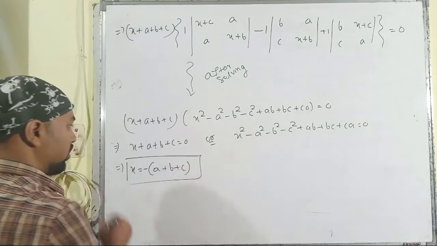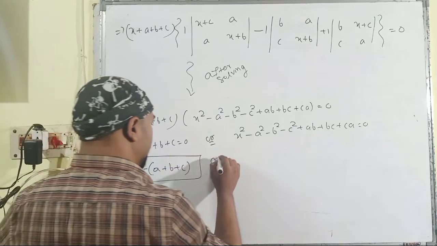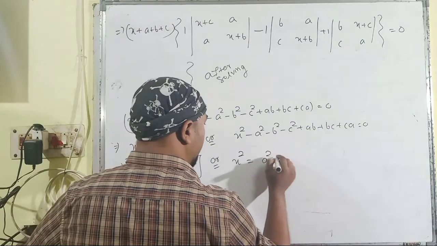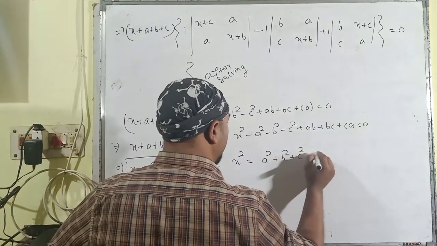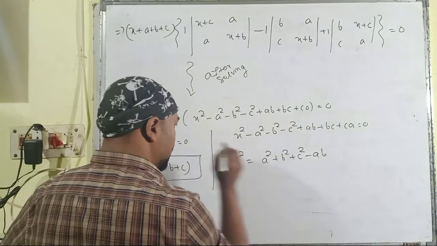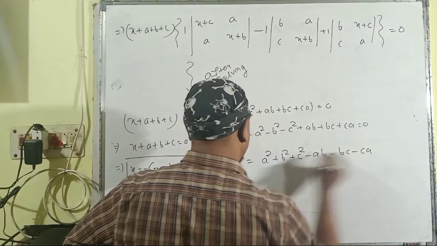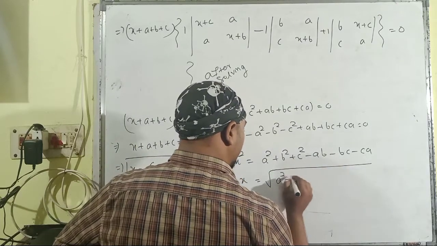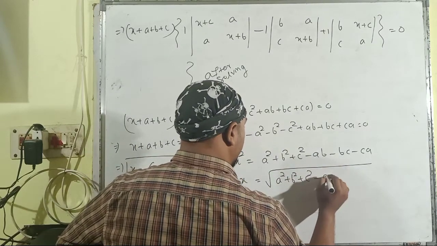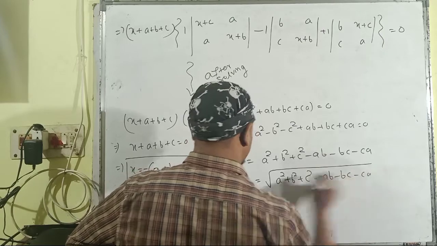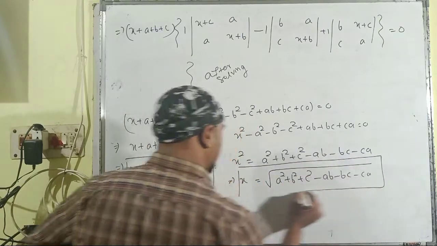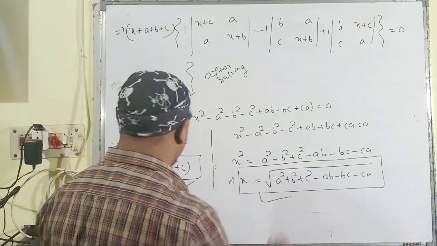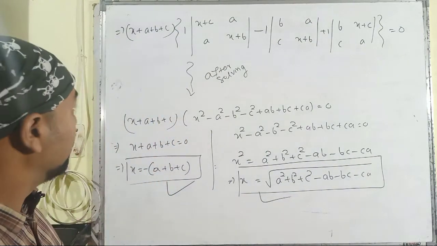This is the first solution, and in the next solution we will get x square is equal to a square plus b square plus c square minus ab minus bc minus ca, hence x is equal to square root of a square plus b square plus c square minus ab minus bc minus ca, and this is the second solution. So here it is the complete solution. We are getting two types of solutions for the value of x for the given problem.